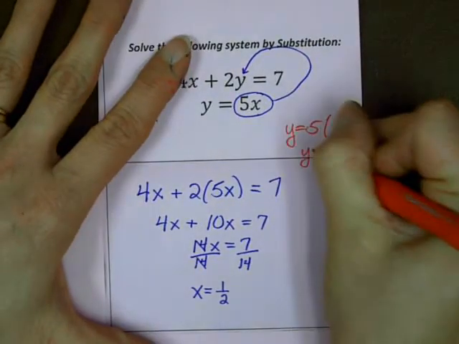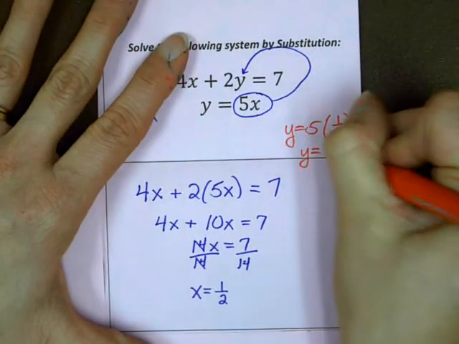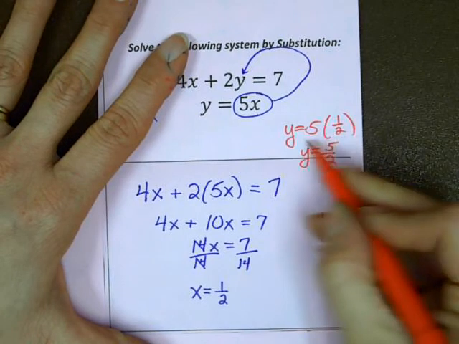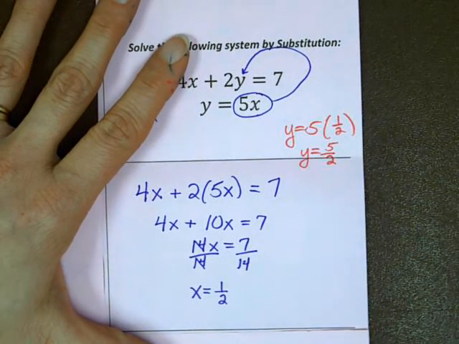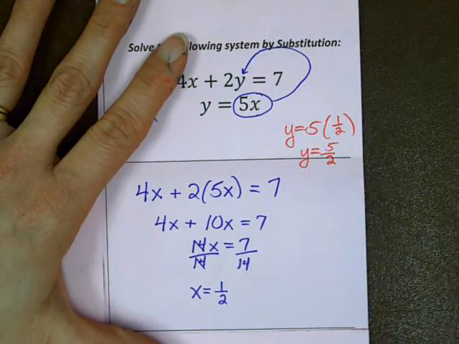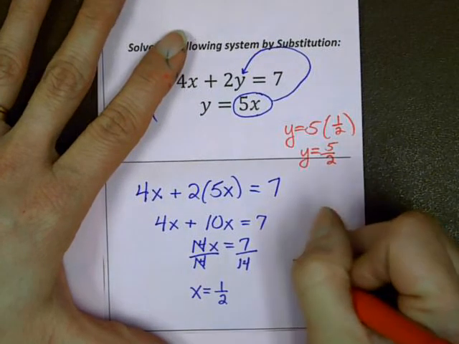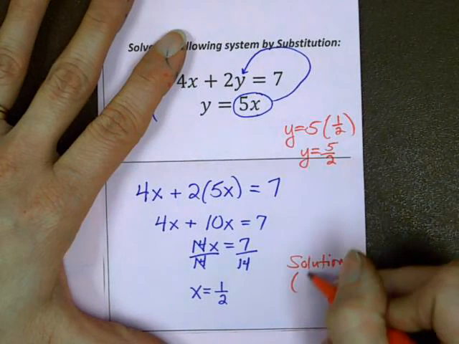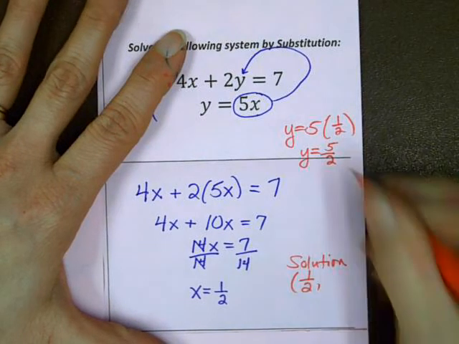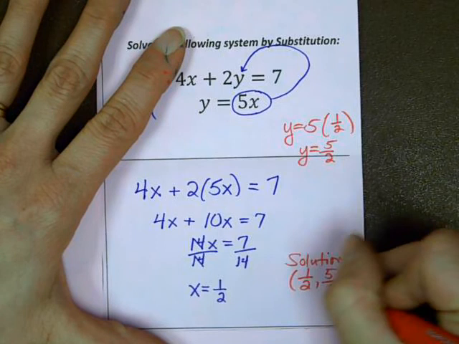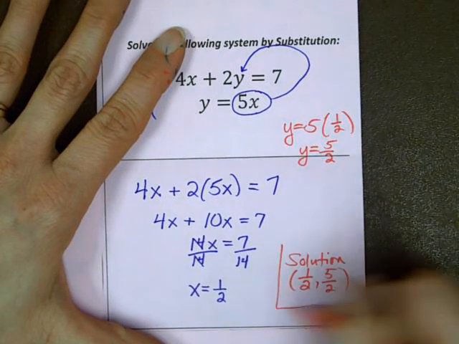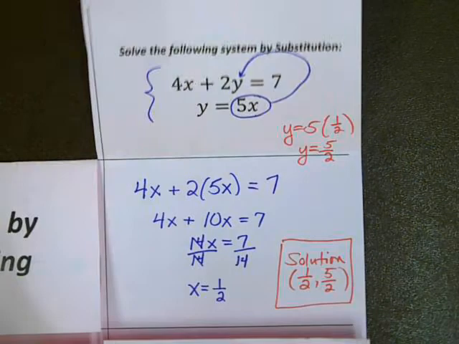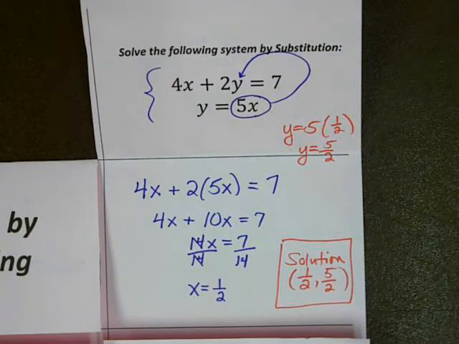So y equals 5/2. You could calculate half of 5 and get 2.5 if you like. It doesn't matter if you do fractions or decimals. So the solution for this system would be x value of 1/2 and the y value of 5/2. Okay, solving a system with the substitution method.